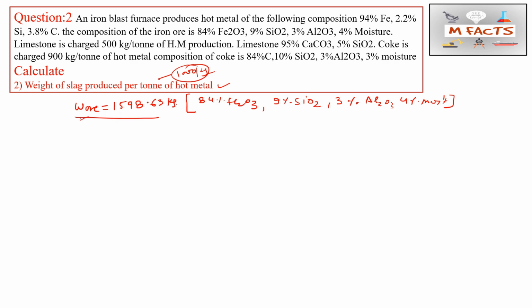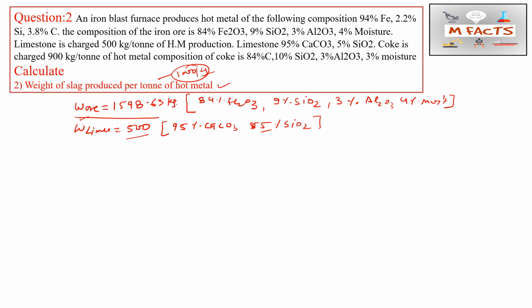We also know the limestone. The weight of limestone is 500 kg, because we are calculating for 1 ton, and in that 500 kg we have 95% of CaCO3 and 5% of SiO2.